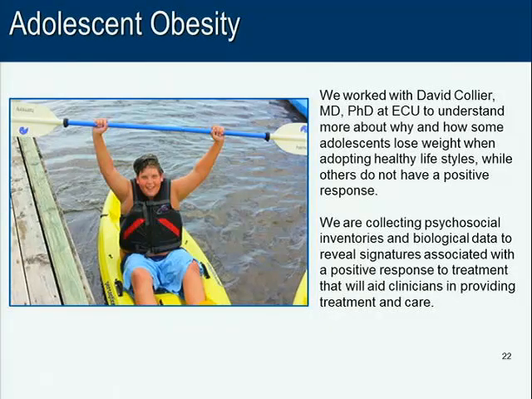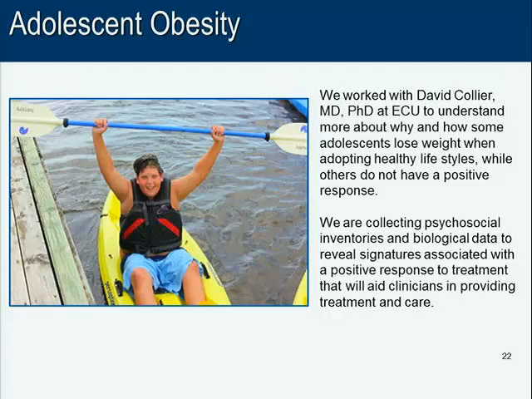So what they really want to try to do is to get a biomarker that could help them understand which adolescents do we want to come to our camp, because they have the most promise of losing weight, and they won't walk away feeling a lower self-esteem. So that's what sort of drove this whole process. And they had been using psychosocial inventories to try to do this prediction, and those weren't working.